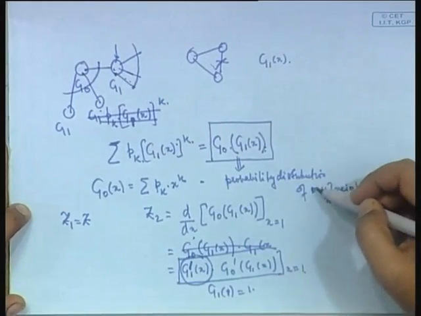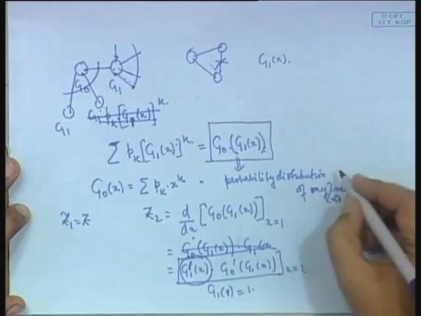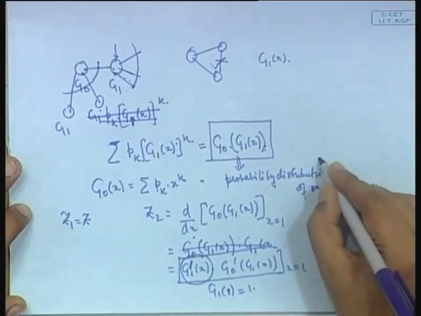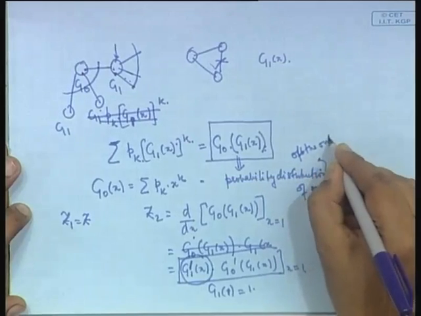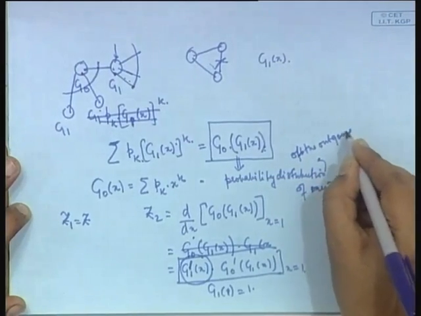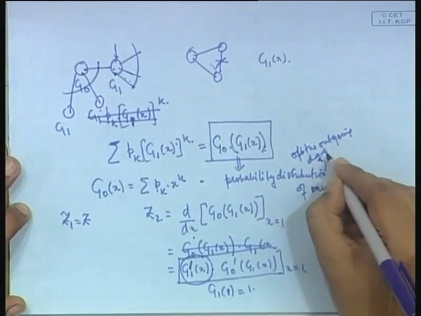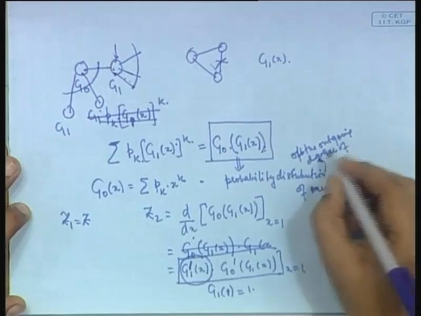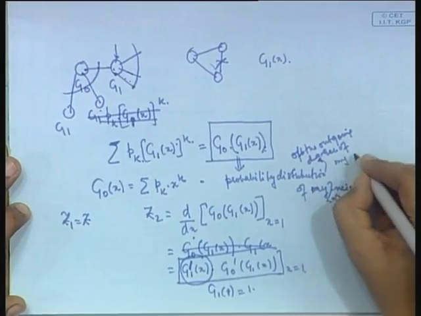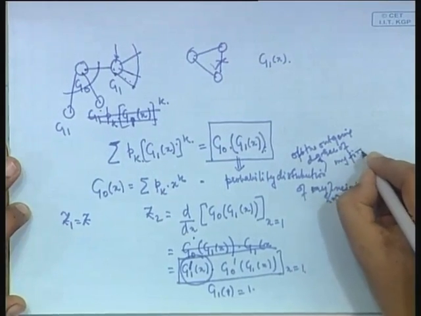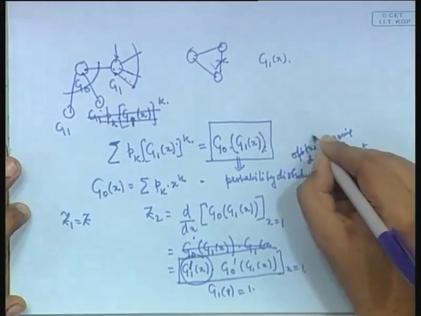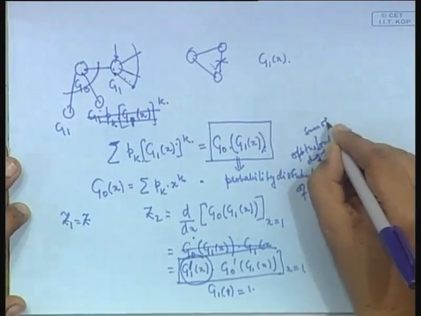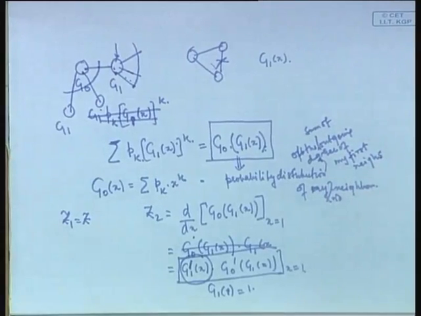Probability distribution of my second neighbor, or I can say probability distribution of the outgoing degree of my first neighbor. You can say the sum of the outgoing degrees of my first neighbors.